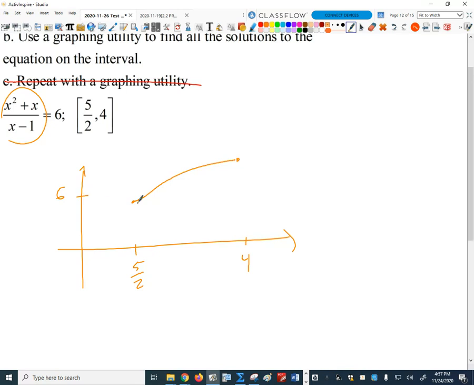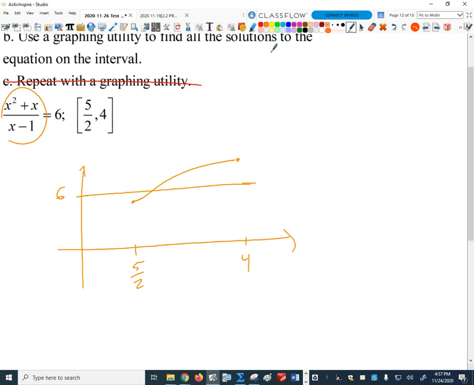In other words, 6 is a value between f of 5/2 and f of 4. So therefore, the function has to pass through that intermediate value at least once. That's all we have to demonstrate, so we can do that pretty easily.